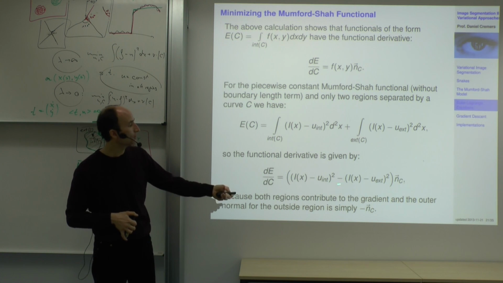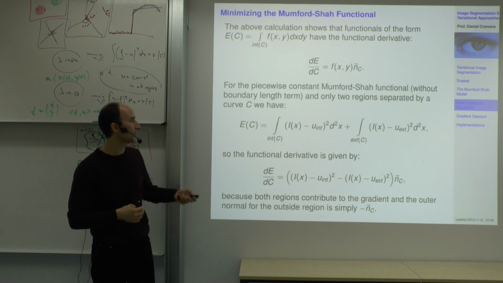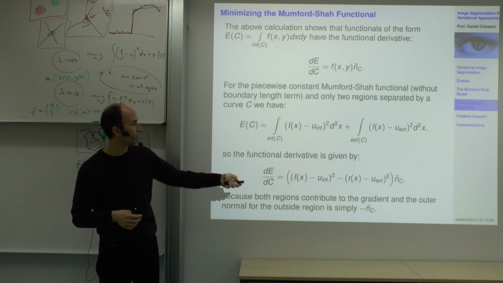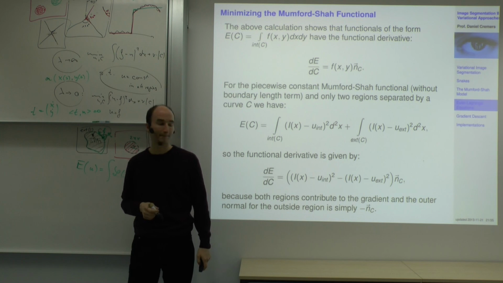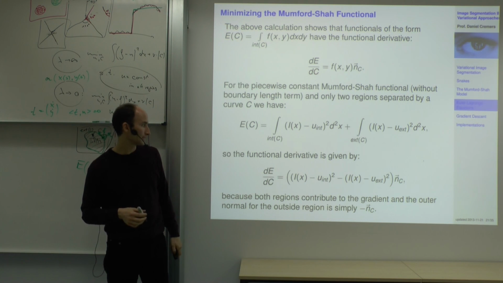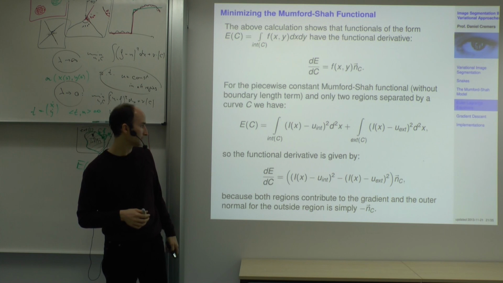And so this is the overall functional gradient, and at the optimum for any point along the curve, this should be 0. So that is the result that we see here.